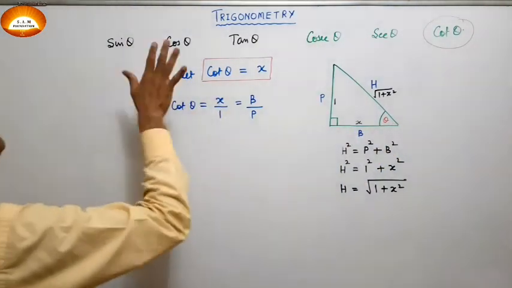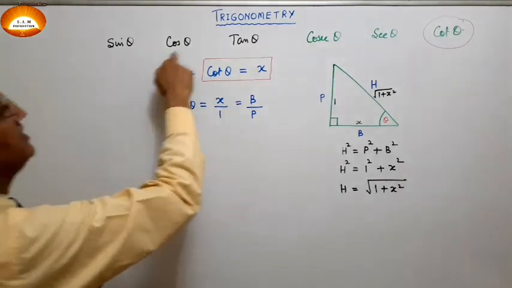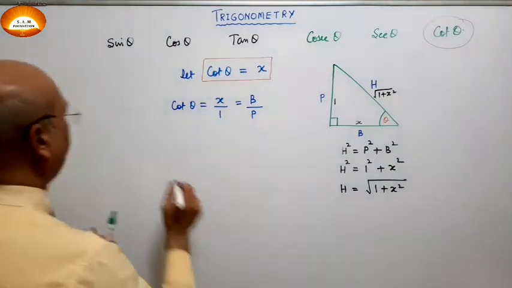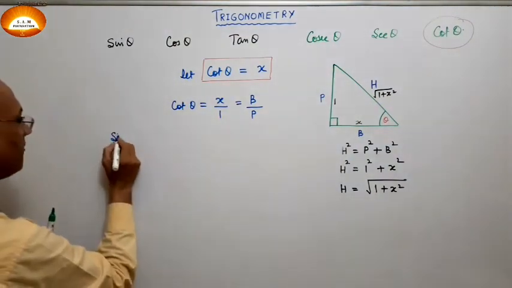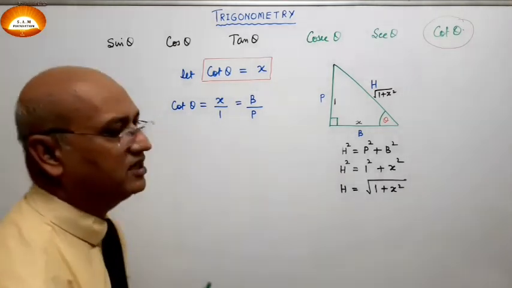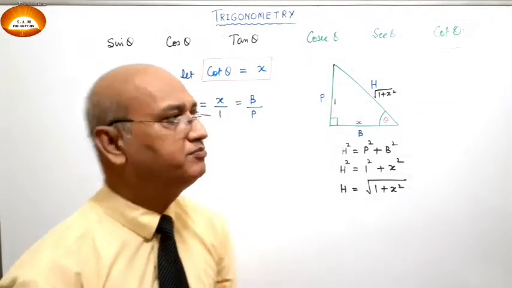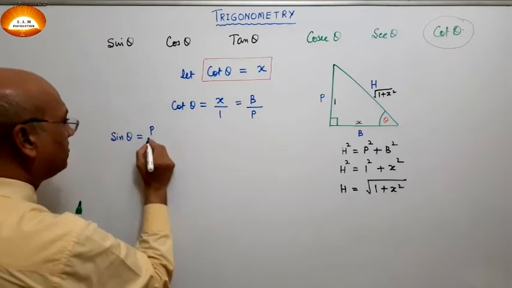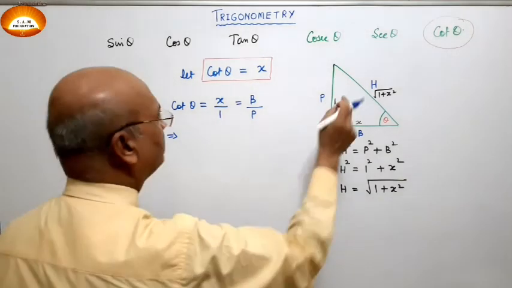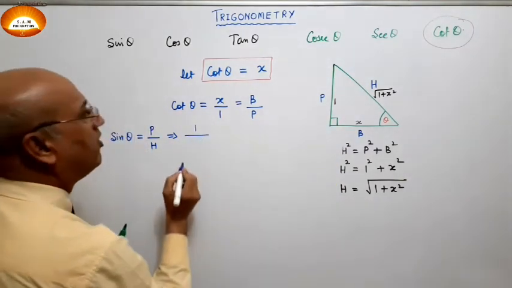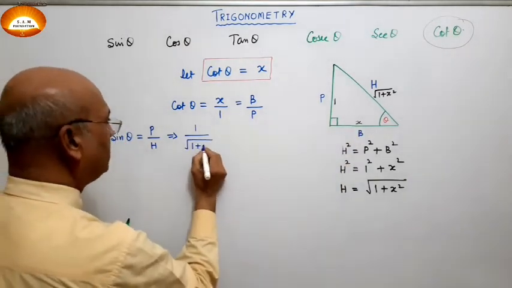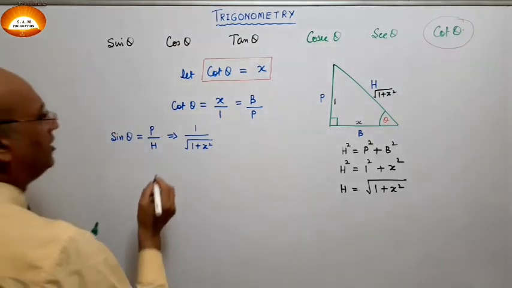Now see, we have to write the values of sine theta, cos theta, tan theta, cosec theta, sec theta in terms of cot theta. So first we will see what is sine. Sine theta, what is the sine ratio? That is perpendicular upon hypotenuse. Now what is perpendicular here? 1. 1 upon hypotenuse, which is under root 1 plus x square.